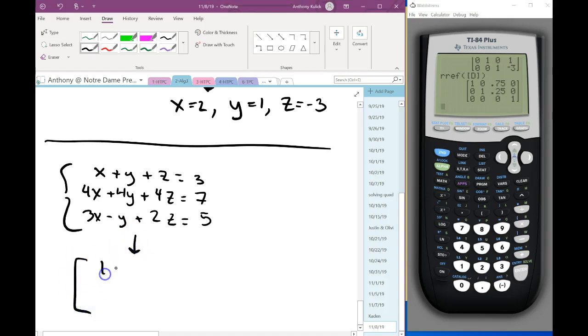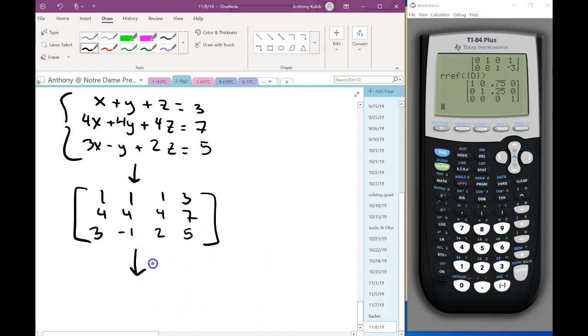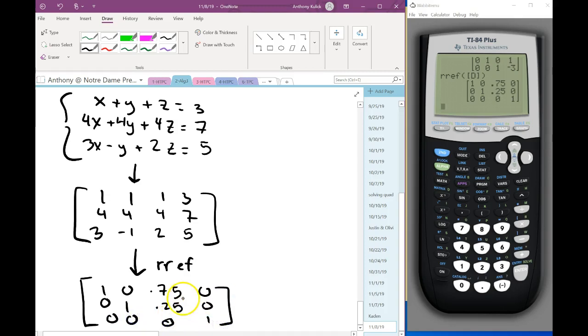I turn this into a system. I then did the RREF, or the Gaussian Elimination. That's going to give me this matrix here.